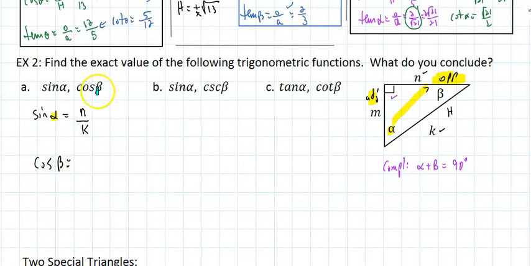Well, beta is right there. Hypotenuse is fixed, but as far as beta is concerned, that is the opposite. And that is the adjacent. So, cosine of beta is the adjacent over the hypotenuse. The adjacent to beta is N, and the hypotenuse is K.